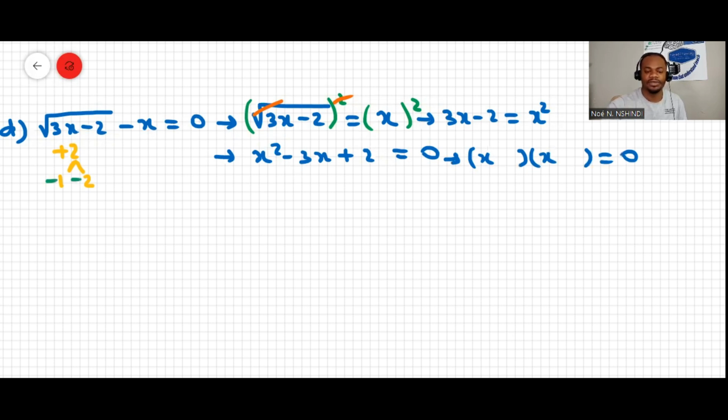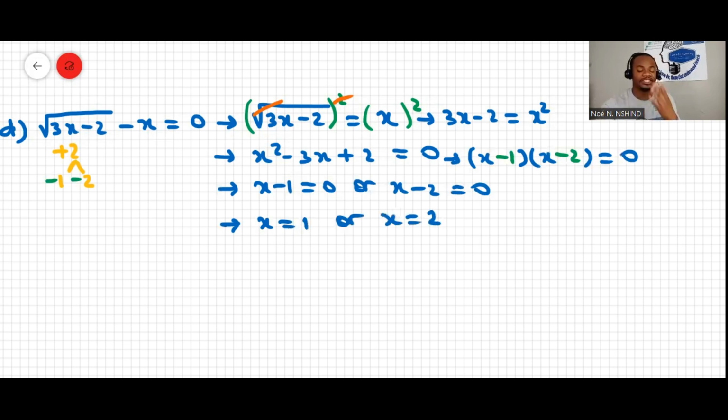Therefore the solutions will be x minus 1 is 0 or x minus 2 is 0. So now x minus 1, we can move the -1 over, so x is 1 or x is equal to 2.